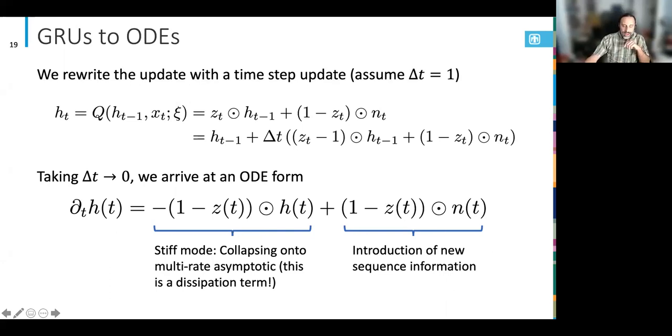And then we've got this other term where we're introducing new sequence information. We're injecting more information, basically energy, into this system to push us off the collapsing asymptotic and hopefully incorporate information. And so this is, in a sense, this memory notion. It's just being propagated through some sort of ODE term that has an asymptotic long-term behavior.